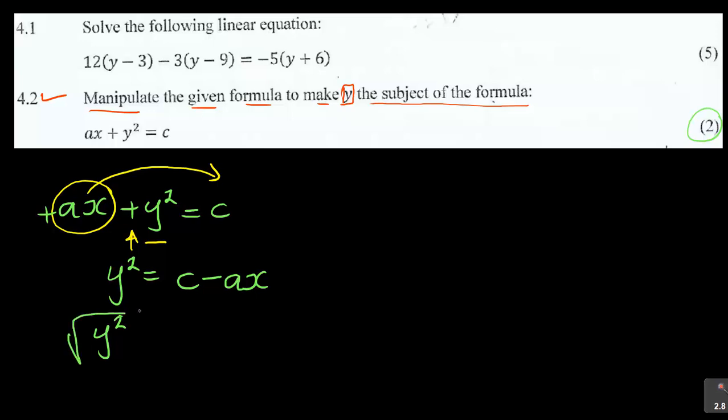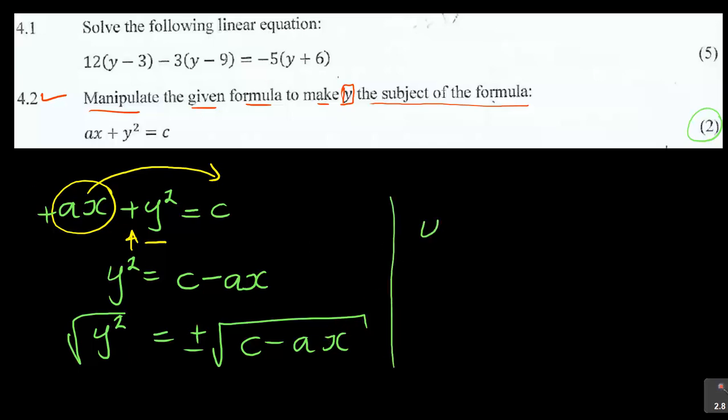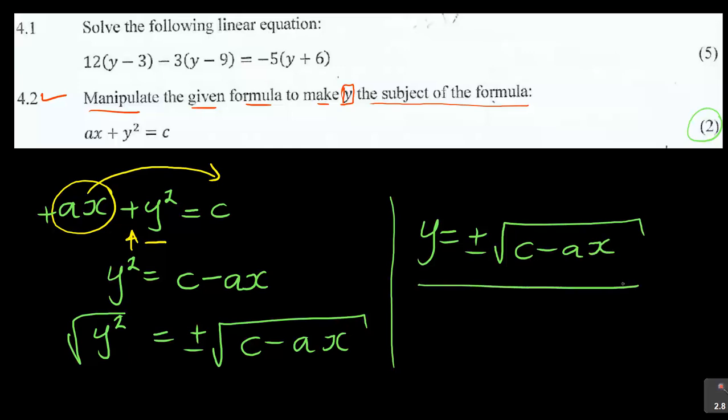You square root, but when you square root you say plus or minus the square root of c minus ax. Don't forget the plus or minus. So that is the answer. When you're writing, you're going to say y is equal to plus or minus square root of c minus ax. Not complicated, but it is important in that fashion. That's how you would have solved that question there.